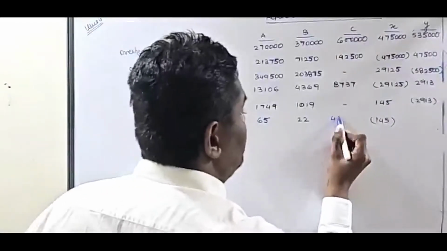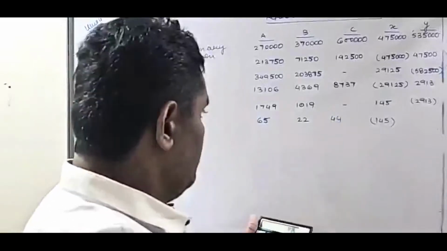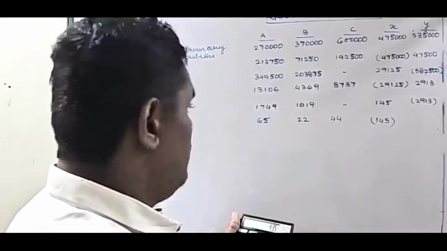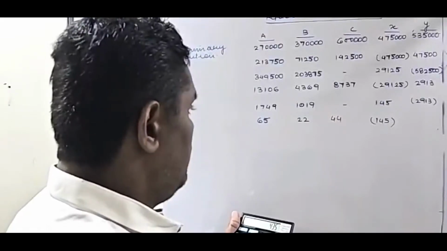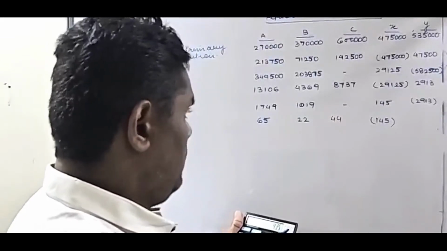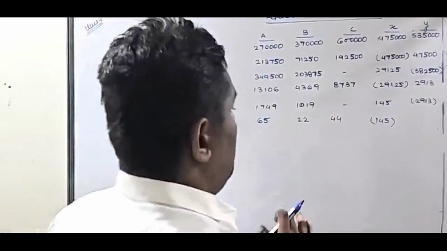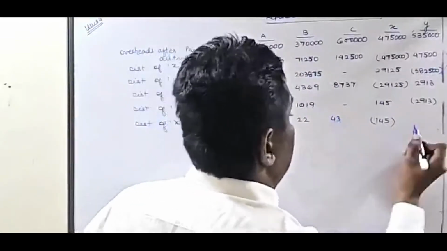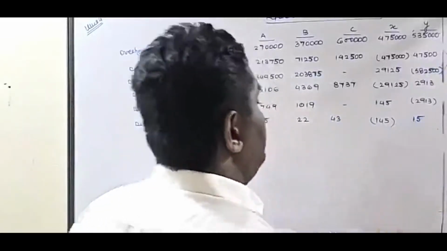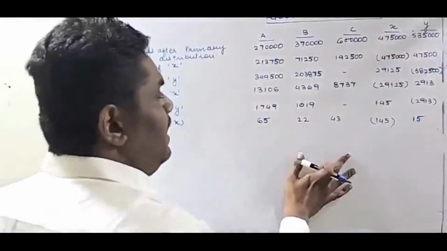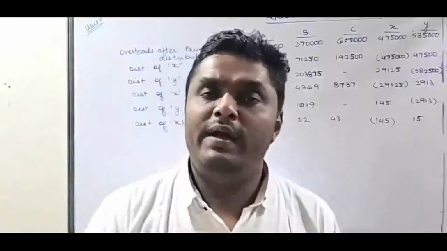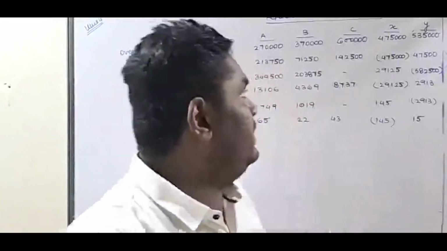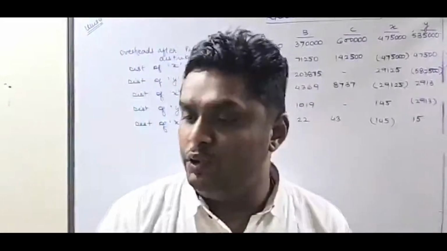This will be 44. Now, since we have got the number in 2-digit, we will distribute directly to A and B only, not to Z, because again, nothing is to be distributed to Z.